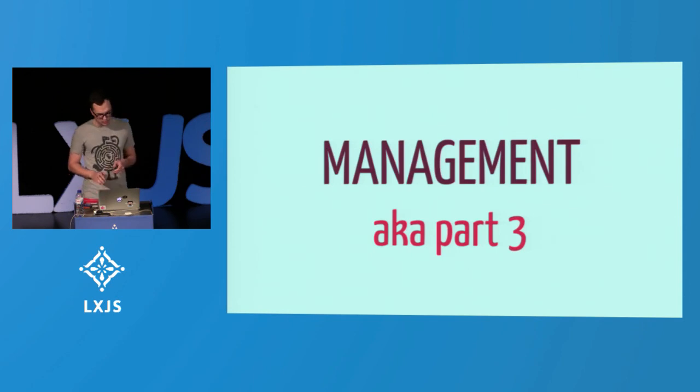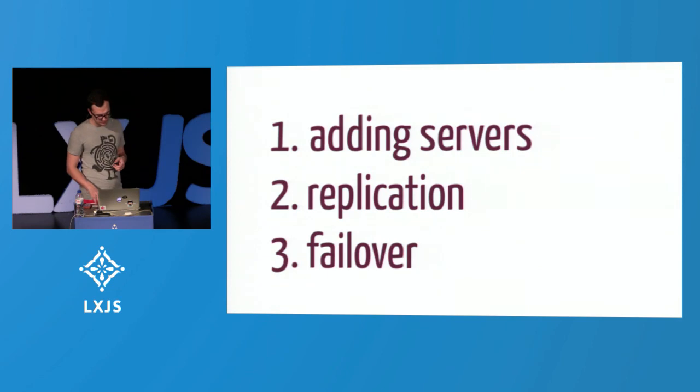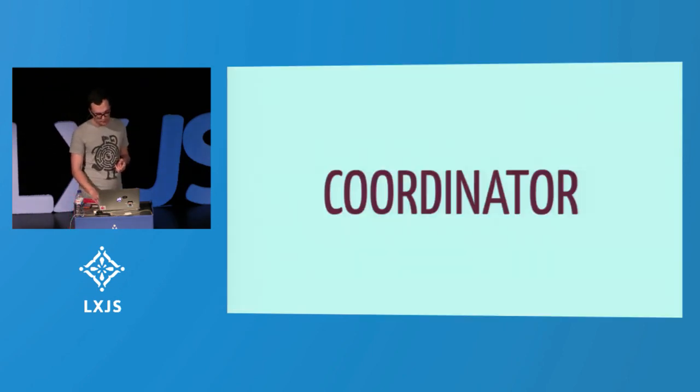And this part is about management. Well, a single Backpack node knows nothing about external loads, so we have to combine them in a cluster that can actually survive server failures. This is kind of a list of tasks. What I mean when I say management, first of all, you need to add servers to extend capacity, then you need replication, and then you need failover, because we have to use it in production.